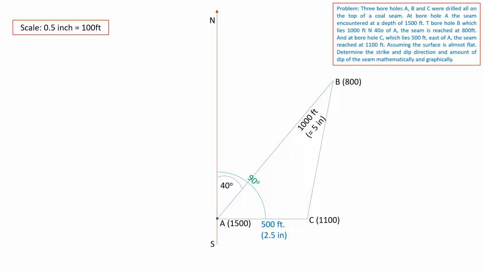This is because by the question, borehole C is at a distance of 500 feet from A towards the east of A.